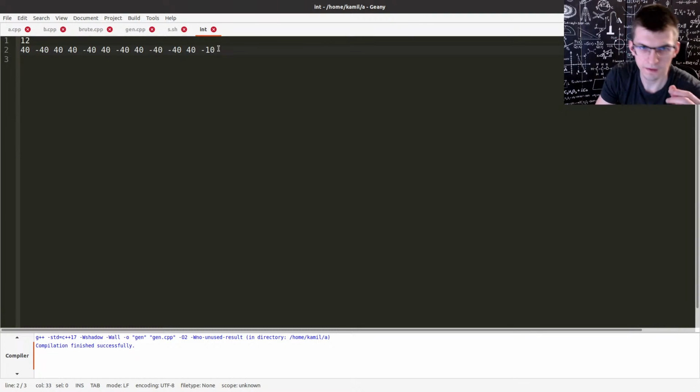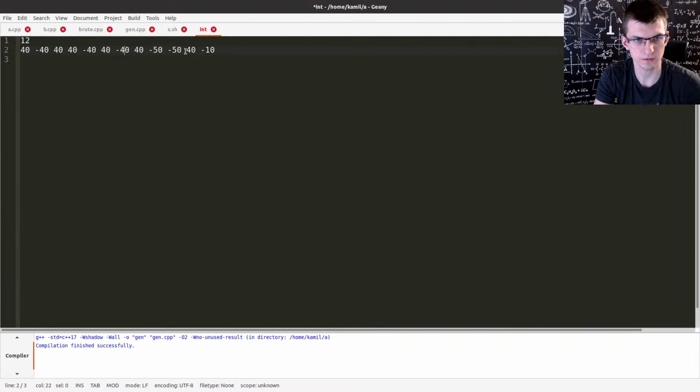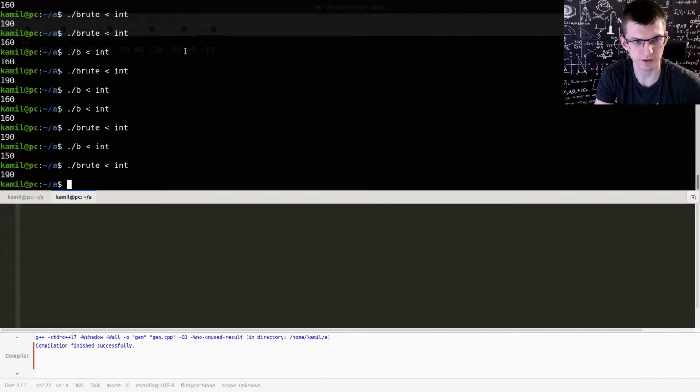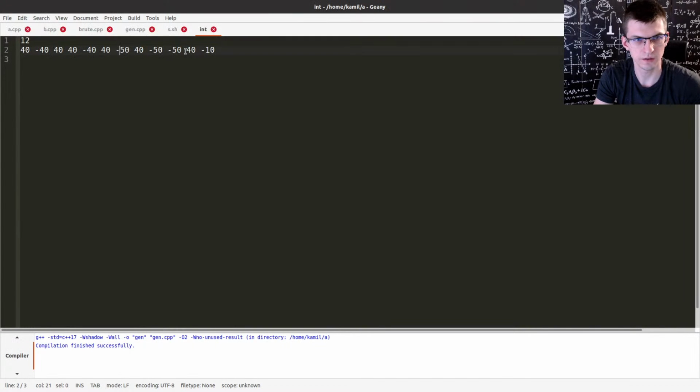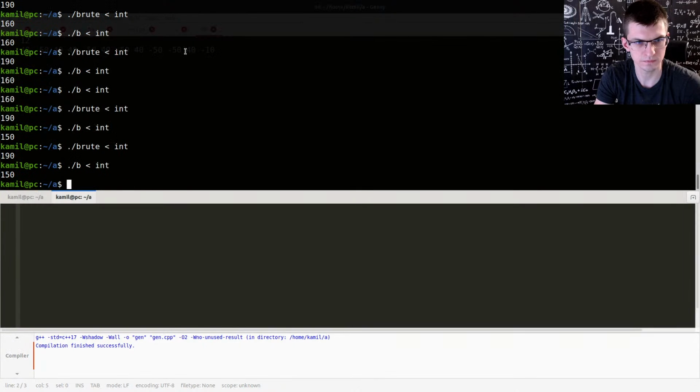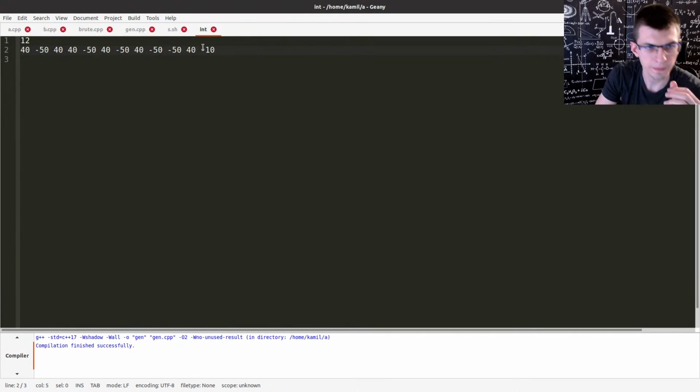Yeah. Brute force finds something including this value, but I think excluding that. Can I modify every negative value to something even smaller? Yeah.